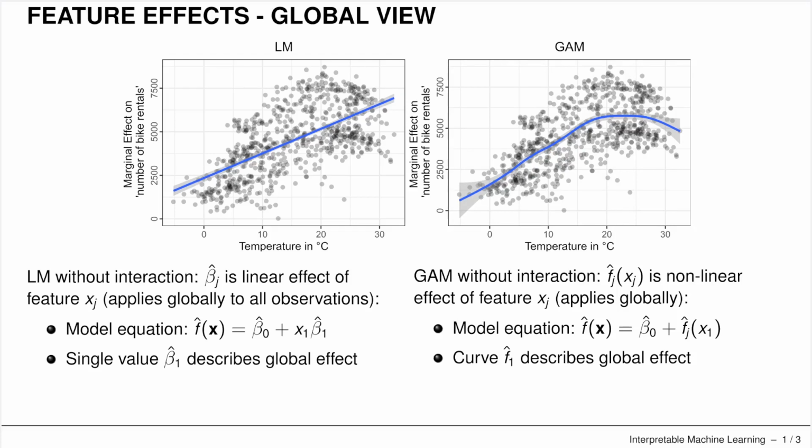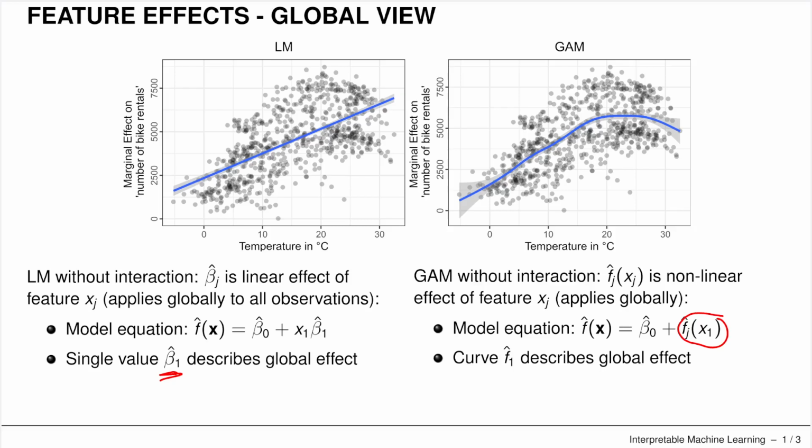Instead of having a single value beta, as in linear regression, we now have a function which we ideally can visualize. However, we cannot represent the shape of this curve with a single number.